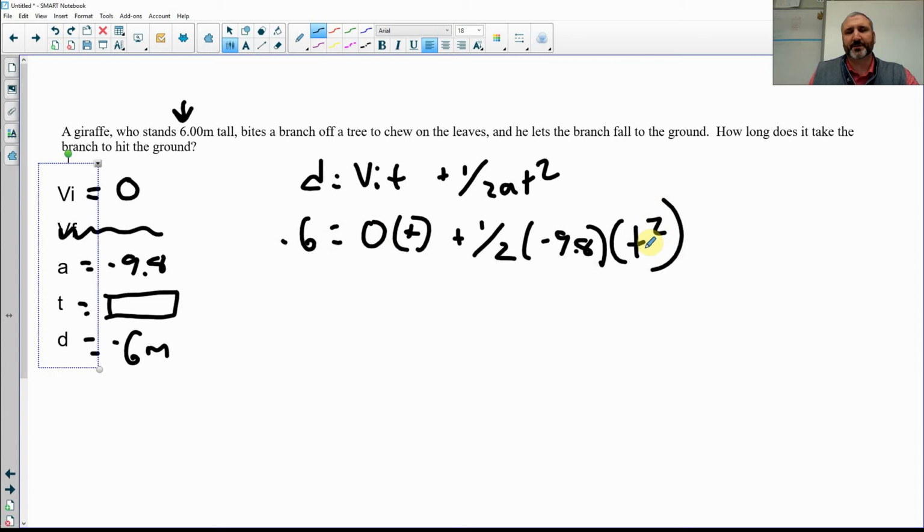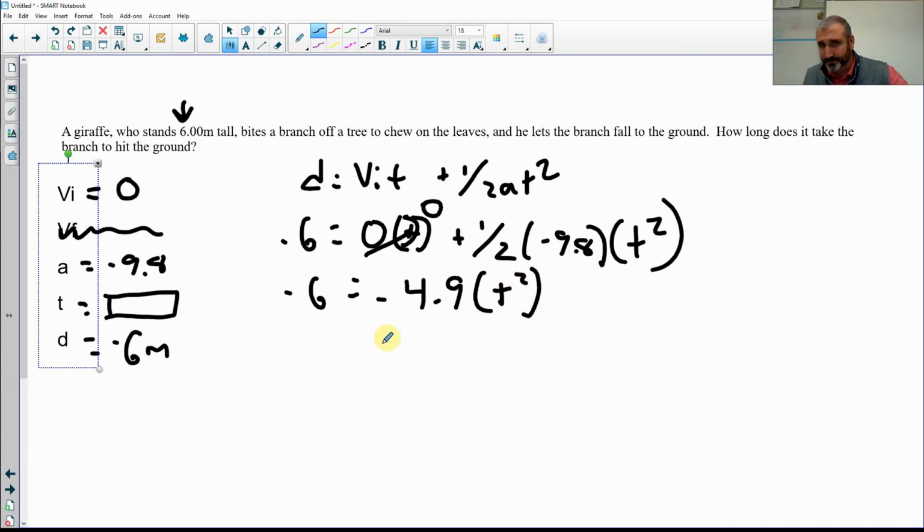So the good news here is, yes, this is technically a quadratic function, but 0 times T is going to be 0. So negative 6 equals negative 4.9 T squared, since half times negative 9.8 is negative 4.9. Let's divide both sides by negative 4.9. Negative 6 divided by negative 4.9.